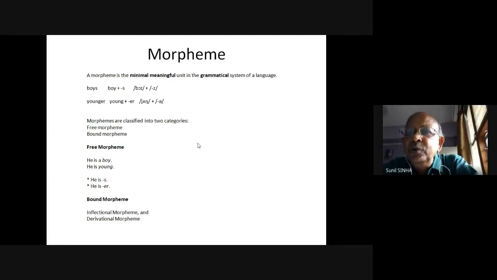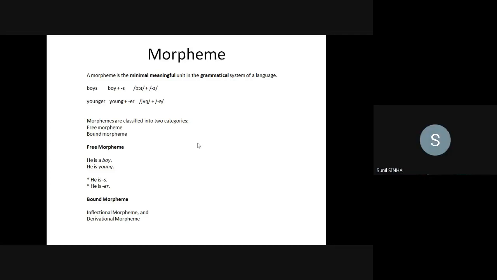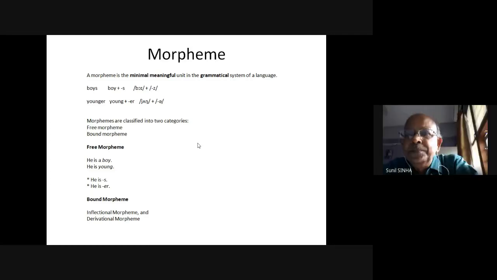So we say that S is a plural morpheme which belongs to the category noun. ER can be added only to an adjective. And so we say ER is minimal, meaningful, and it belongs to the category adjective, right? So a morpheme, I repeat, is the minimal, meaningful unit in the grammatical system of a language.